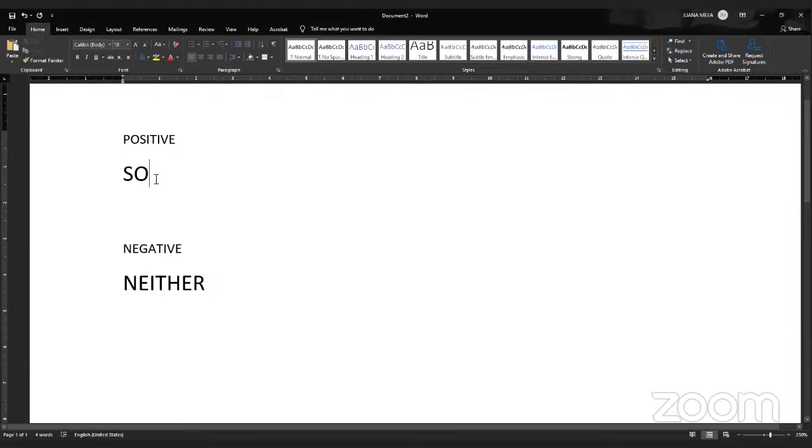Negative, neither. No voy a explicar neither como lo hice con so con tantas oraciones porque su estructura es la misma. Solo quiero que aprenda esto. So, positive. Neither is for negative. All right? So positive, neither negative. Examples.